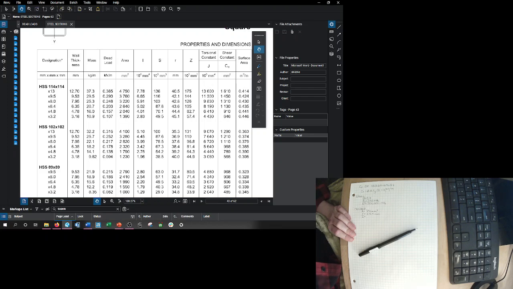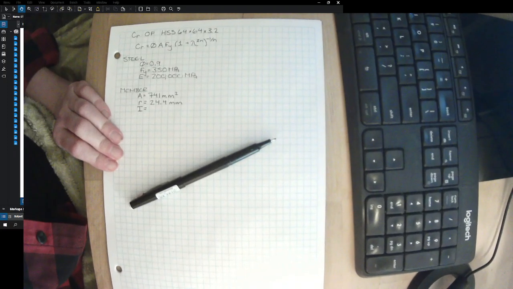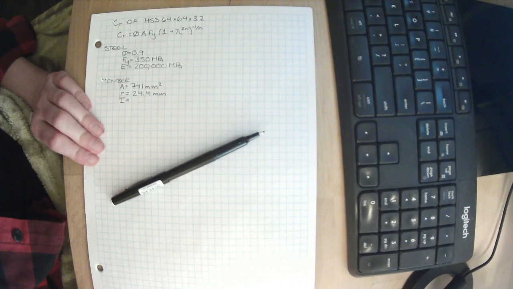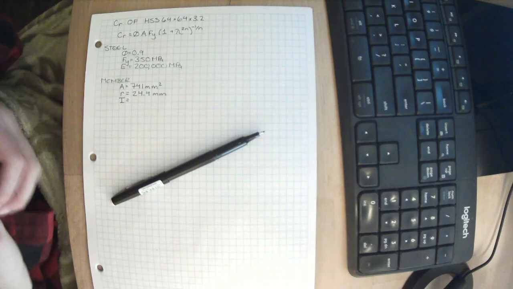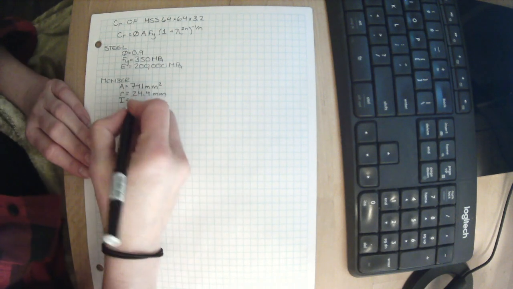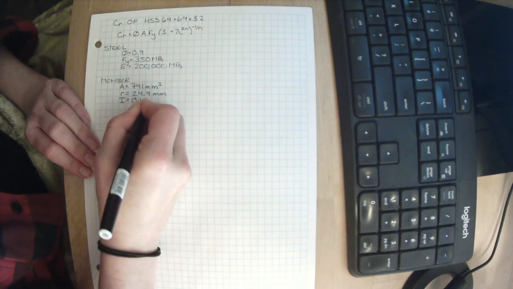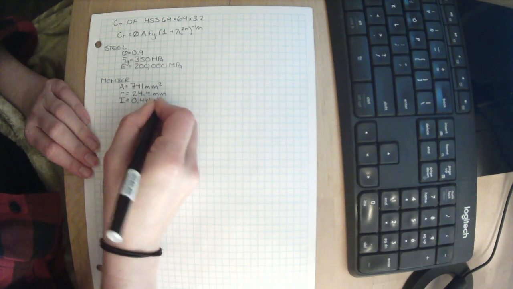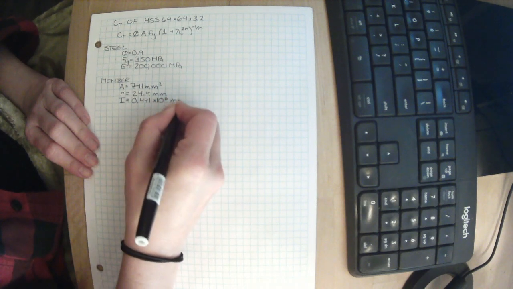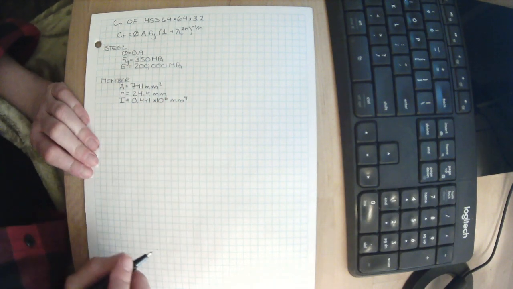We know that this is something we can calculate, but we've looked it up, made our lives one step easier here. So we've looked up our I is 0.441 times 10 to the 6 millimeters to the 4th.